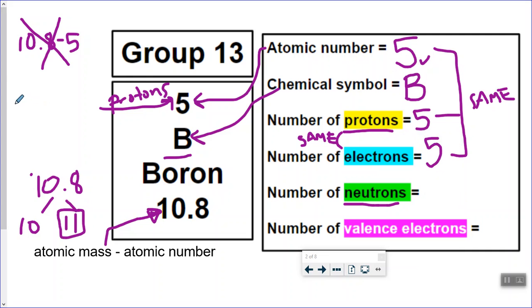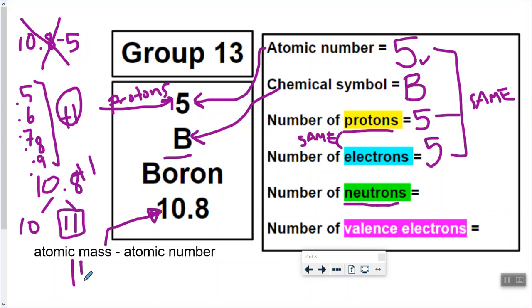Okay? And remember the rule. If it's 0.5, 0.6, 0.7, 0.8, or 0.9, you need to add one more, okay? Si el número es 0.5 o más, tienes que añadir uno. So 10 becomes 11, okay?